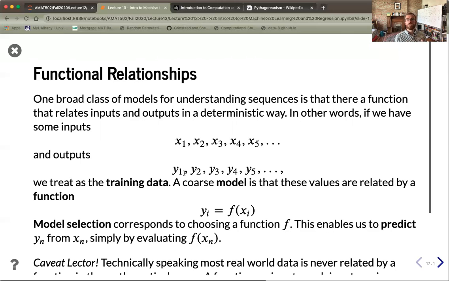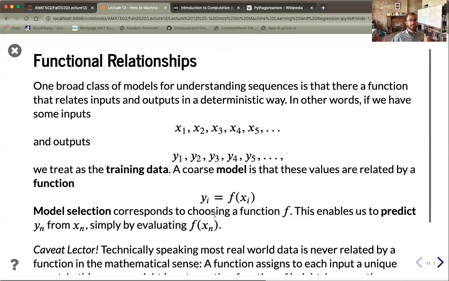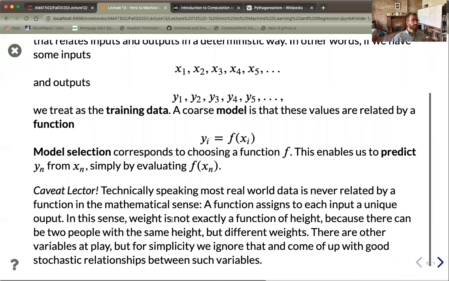So we can treat this pair of numbers as training data. And a coarse model is that these values are related by a function. And so we just use y_i is equal to f of x_i. That's what we mean when we say that y_i is the result of applying the function f to the input.